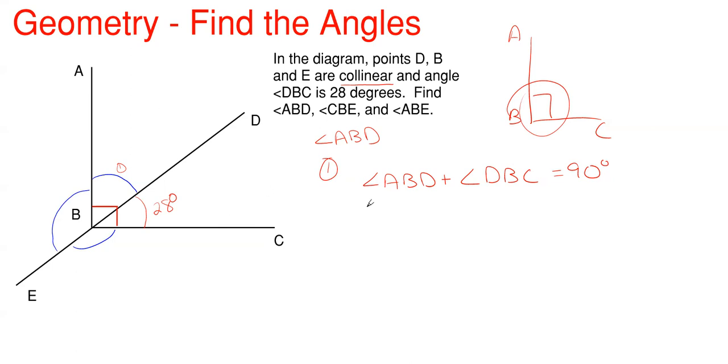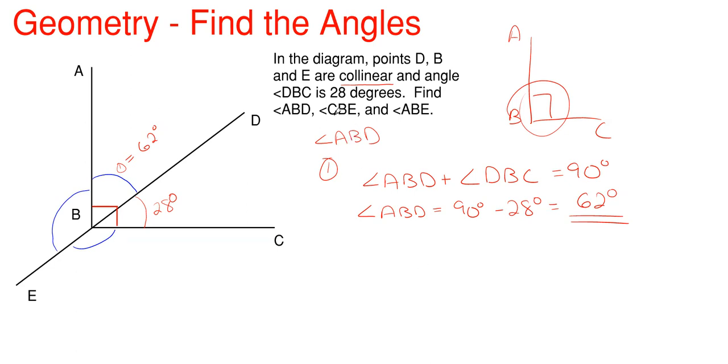So we can rearrange here, and we have angle ABD is equal to 90 degrees minus our angle of DBC, which was given as 28 degrees in the problem statement. So 90 minus 28 gives us a total of 62 degrees. So our angle right here is 62 degrees. So that's one and done. All right, we have 2 more to go.